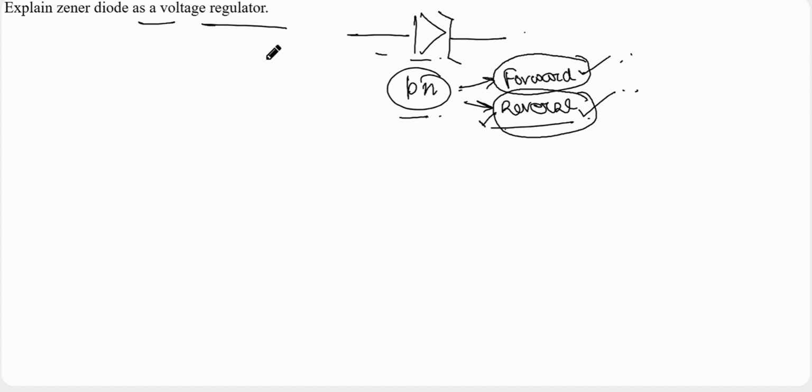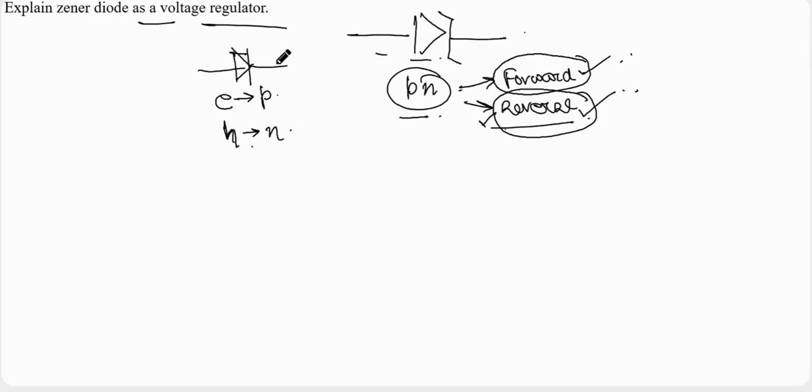Because when a PN junction is forward biased, what happens? The depletion region decreases, so electrons from the N side will pass on to the P side and the holes from the P side will pass on to the N side. So current flow will occur.